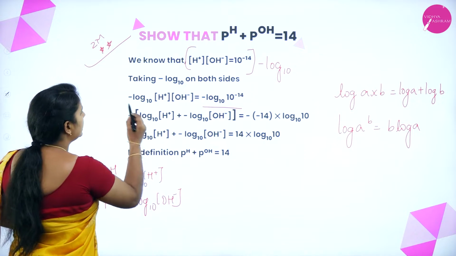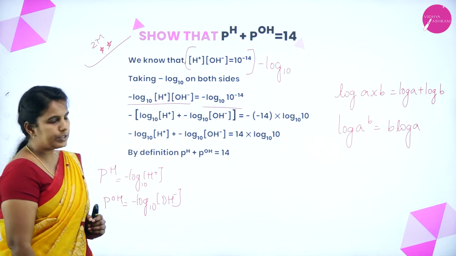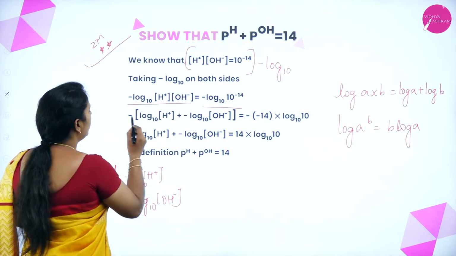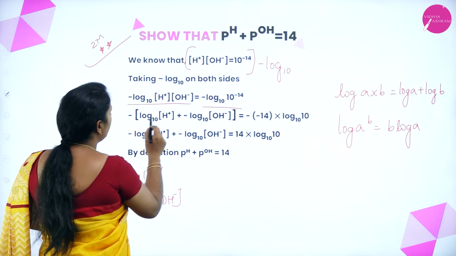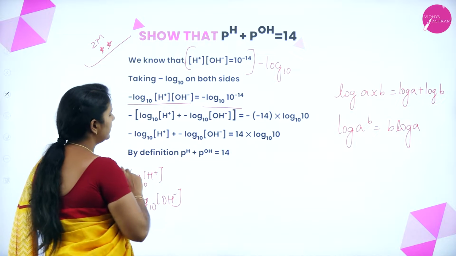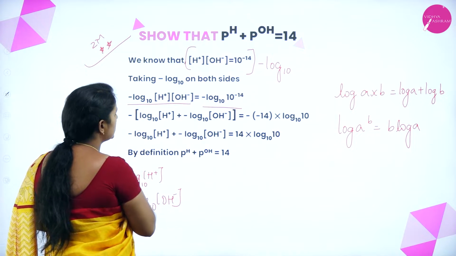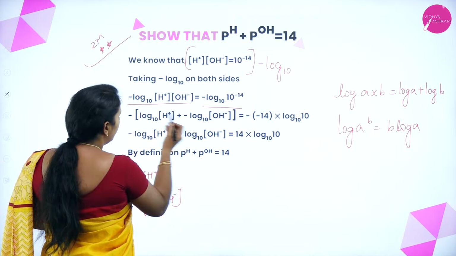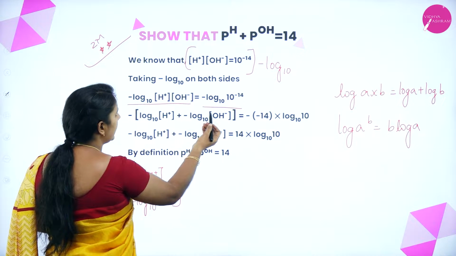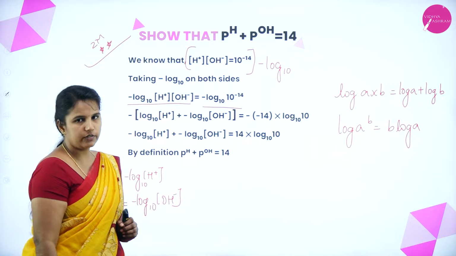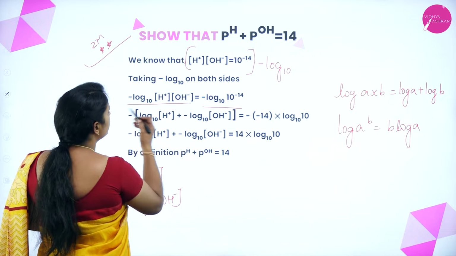Now I'll apply these equations to the above equation. I can rewrite that, taking the minus outside: minus log base 10 of the molar concentration of the H plus ion plus minus log base 10 of the molar concentration of the OH minus ion. Why will this plus come?